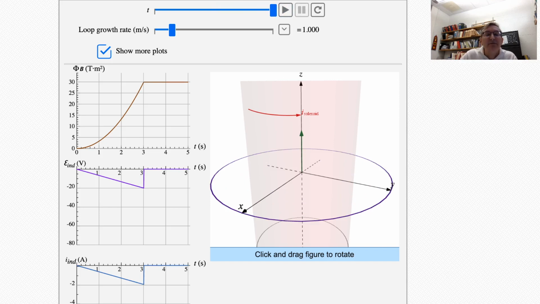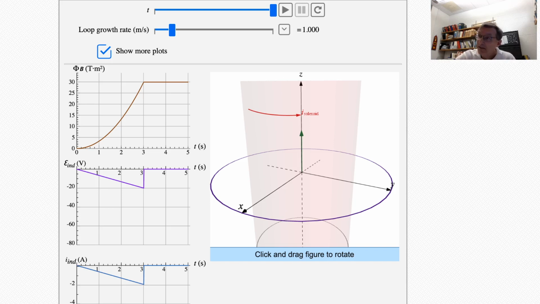See that on the graph? The second the magnetic flux is no longer changing, the induced EMF in that loop is 0. That's therefore a situation where I have an induced EMF through a loop, because I have a changing magnetic flux through the loop, because I have a changing area of the loop.